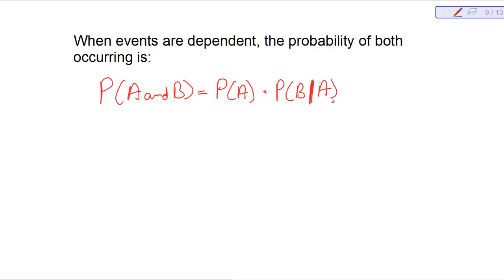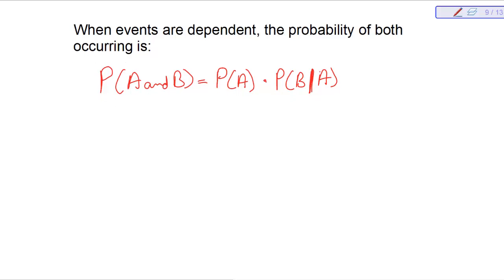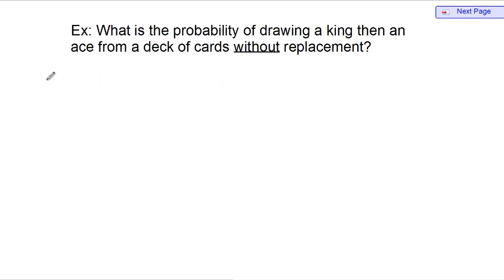Because we don't want to just say the probability of B, because we've changed its probability drastically because we've already gotten A on the first chance. So it changes what's going to happen with our probabilities there. Okay, let's look at an example and maybe that'll help us.